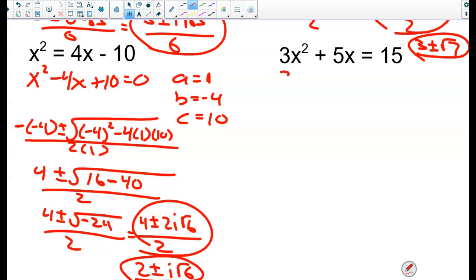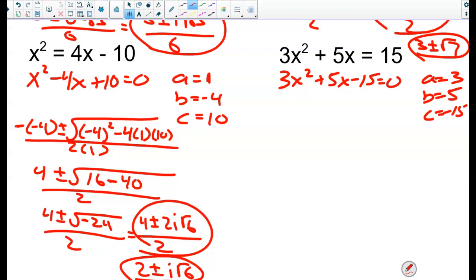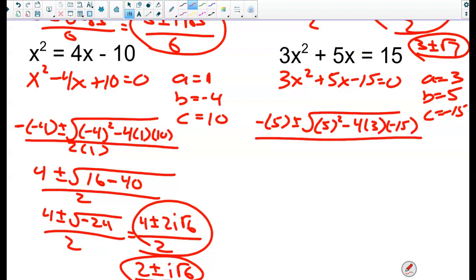The last one, we just got to move that 15 over. My A is 3, my B is 5, and my C is negative 15. Negative 5, oops, negative 5 plus or minus the square root of 5 squared minus 4 times 3 times negative 15 all over 2 times 3.